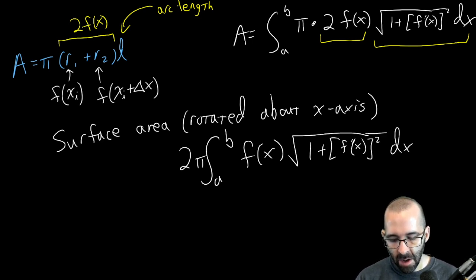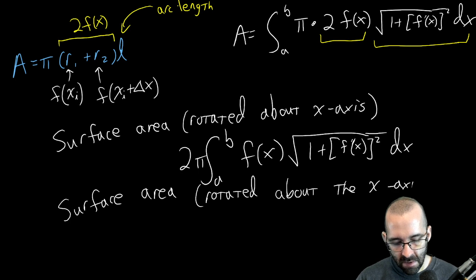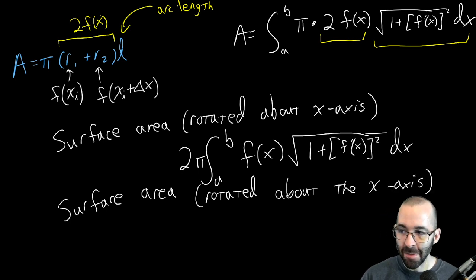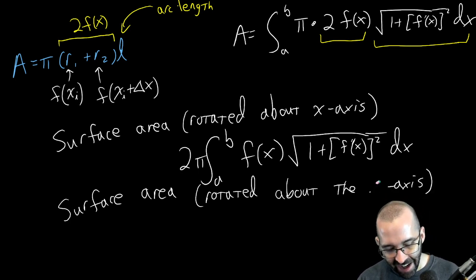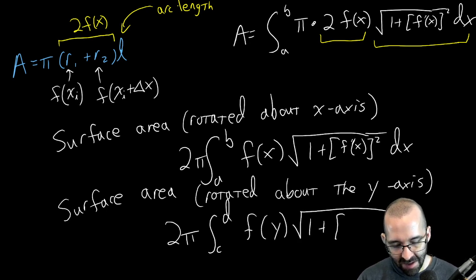And then if it's rotated about the y-axis, it's very, very similar. Okay. Whoa, it's not that similar. I literally wrote x. I meant y this time. Well, it's going to be 2 pi integral from c to d of f of y times the square root of 1 plus, again, everything holds the same.